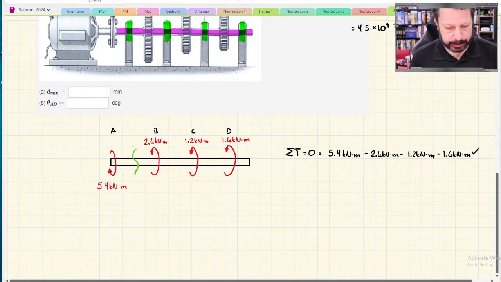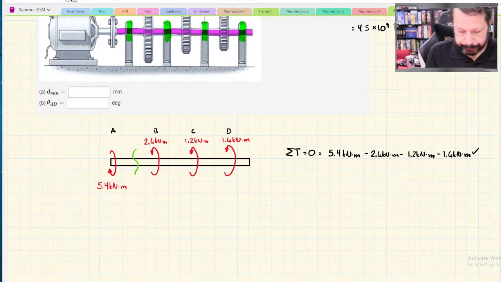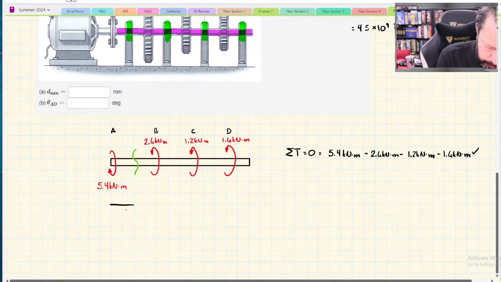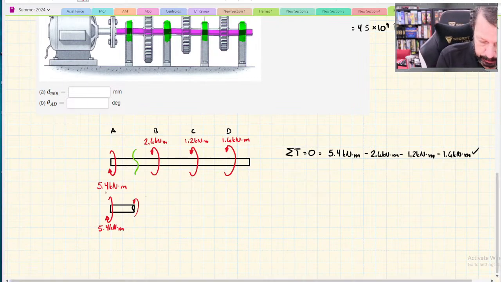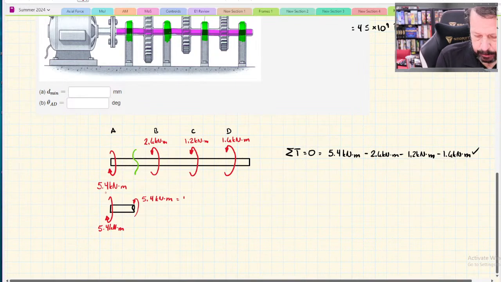So you open up section AB, and you draw your little free body diagram for AB, and it has that input torque of 5.4 kilonewton meters, and inside there then has to be 5.4 kilonewton meters, equal to the torque in section AB.